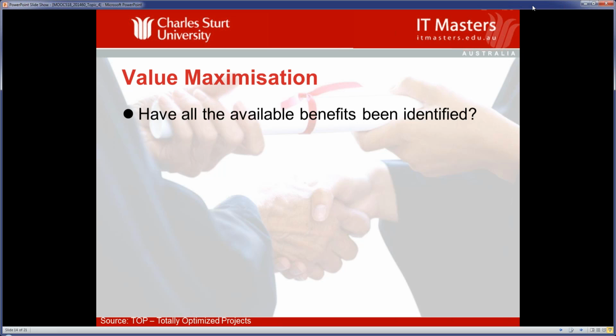So some of the key things we need to understand with this is, have we got all the available benefits? So how do we know what the available benefits are? How many of them are there? We're not thinking at this stage whether they're worthwhile to do or not. It's just what is the value of the benefits and the associated value that we can get. That's the maximisation of it.